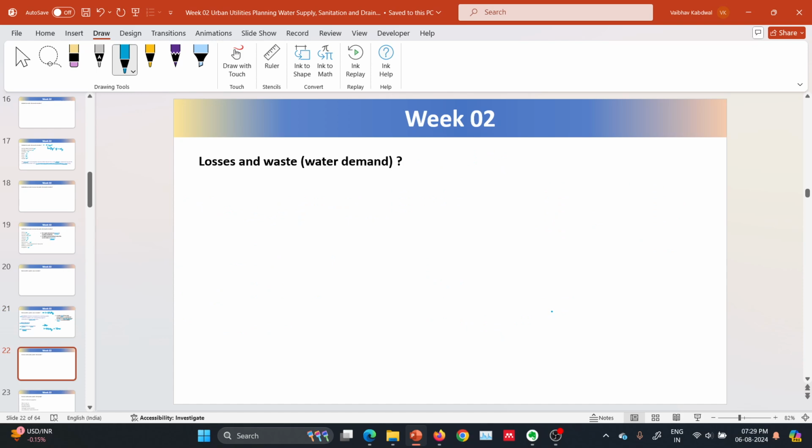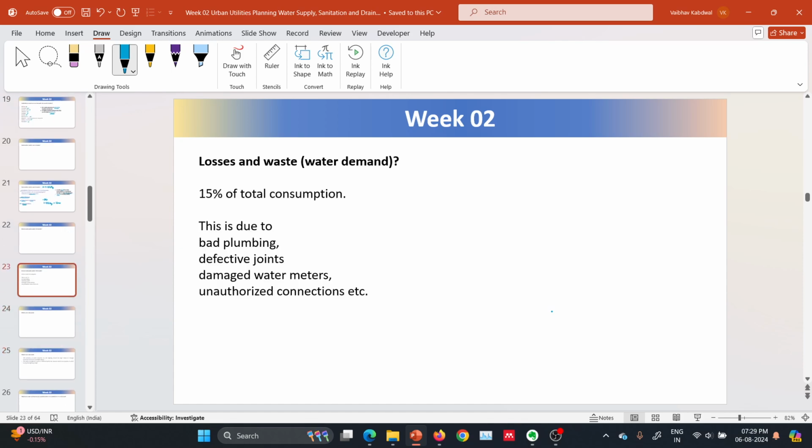What about losses? In water demand, we have losses, theft and waste. This accounts for 15% of the total consumption. And this is due to bad plumbing, because the pipes are not continuous entities.